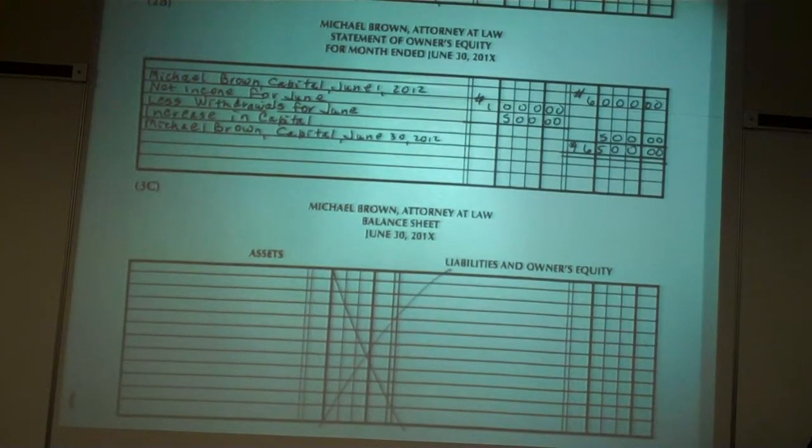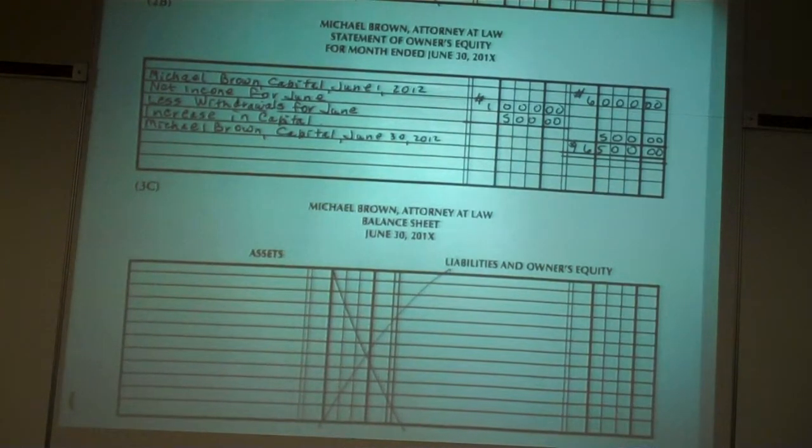Okay, the ending figure for June for capital will be the beginning figure for July. I think in your homework problems, I gave you one problem that has a net loss. So you would be subtracting the net loss from the beginning capital.